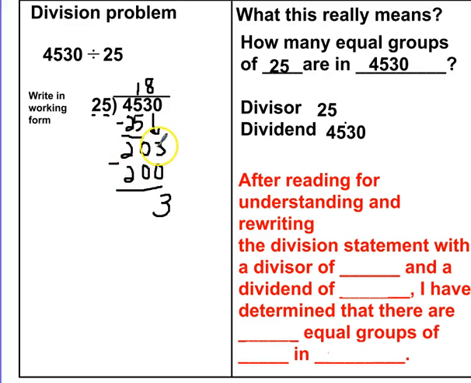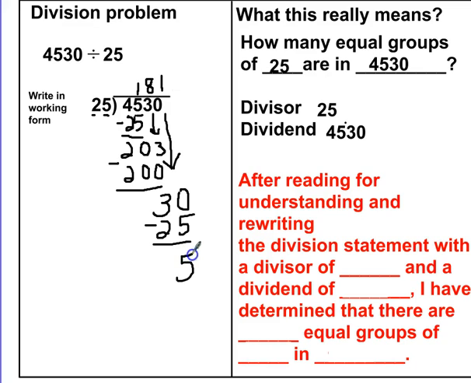And the rest of these are zeros. I don't have to write them down. So I'm going to come down to bringing down my last number, and that's a 0. So 25 goes into 30. Well, if I have 30 cents, I have 1 quarter. And 1 times 25 is 25. Subtract 5.